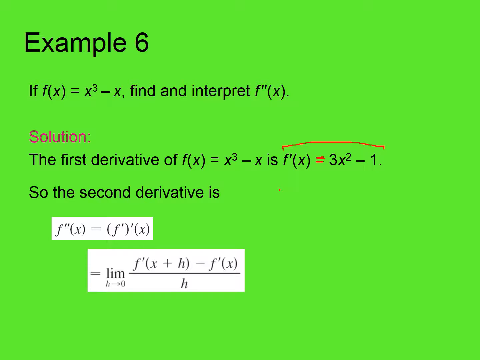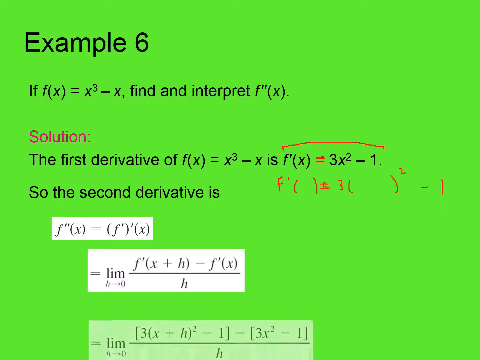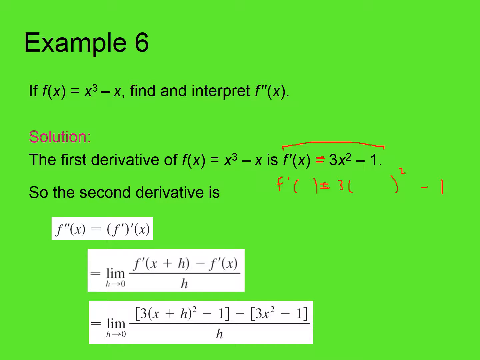And so f prime of anything is 3 times the square of that thing minus 1, and that thing will have to be x plus h. So 3 times the square of that minus 1, and then minus f prime of x again all over h.